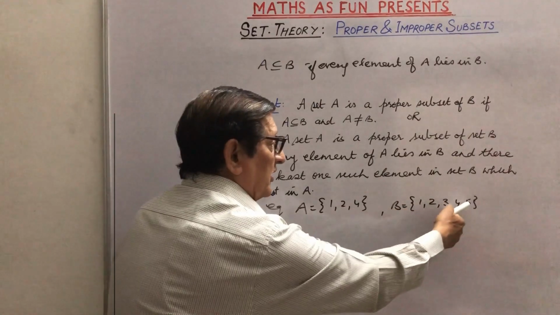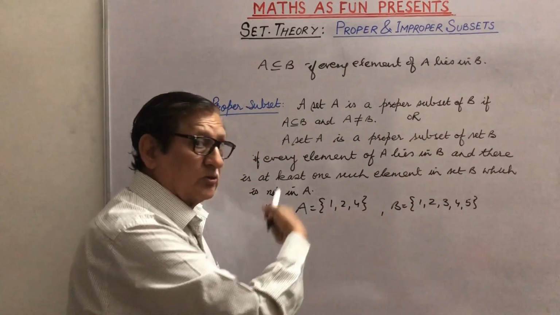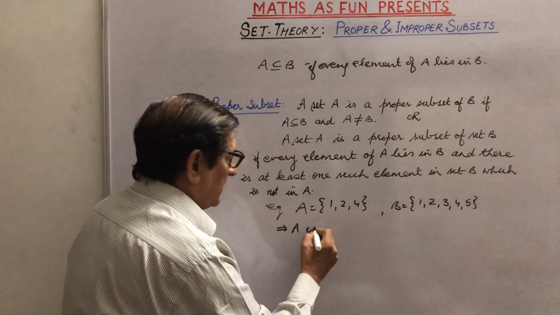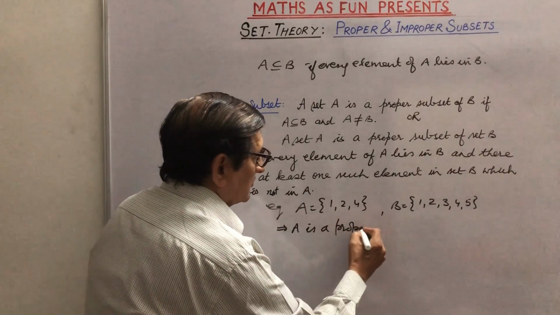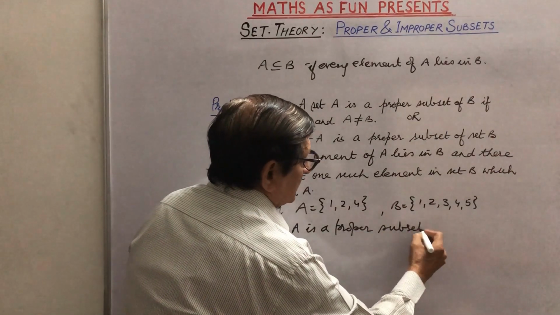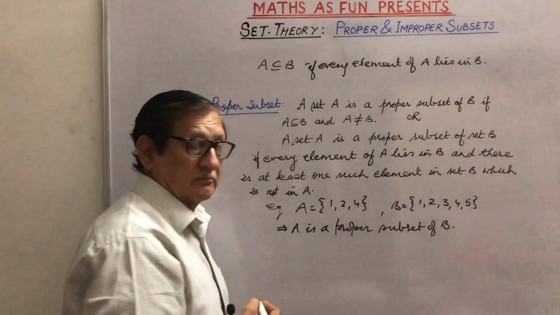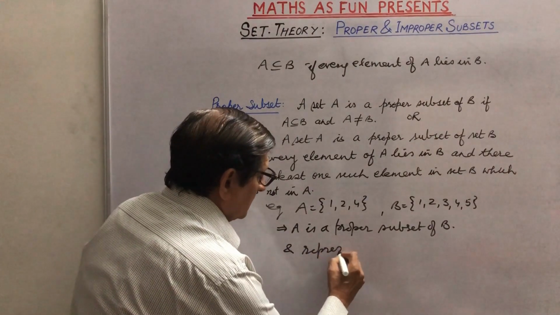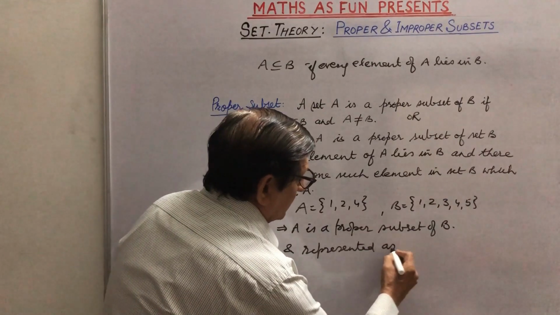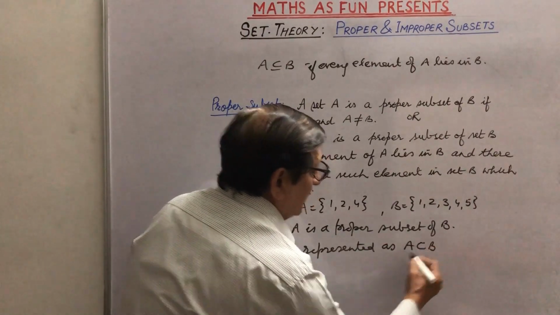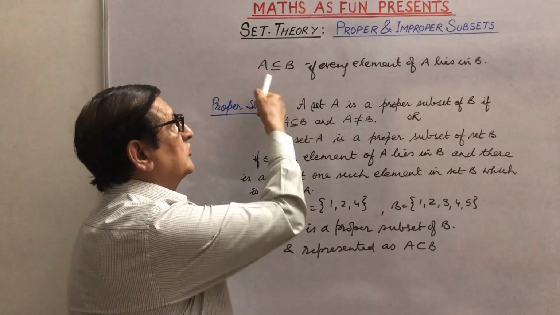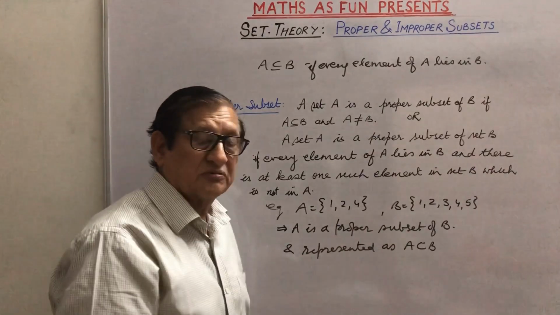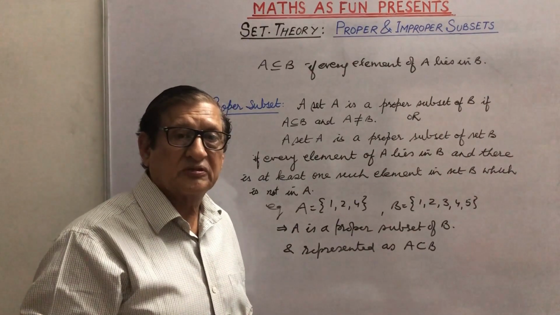We are getting two more elements in B. A is not equal to B. Then we say that A is a proper subset of B, and it is represented as A ⊂ B. This symbol of equal to we are not using in this. And if A is not a proper subset, then it is an improper subset.